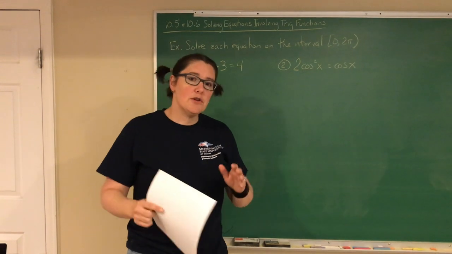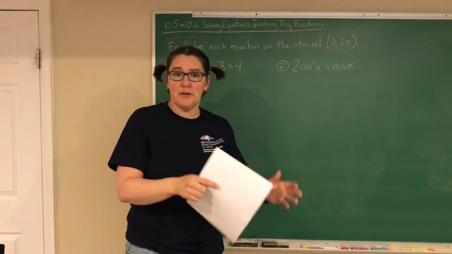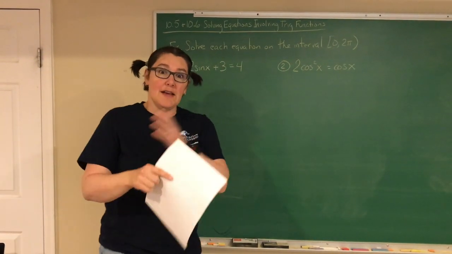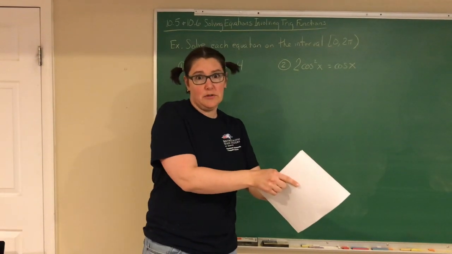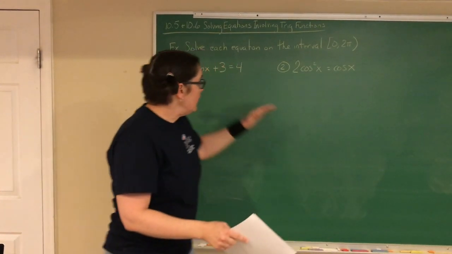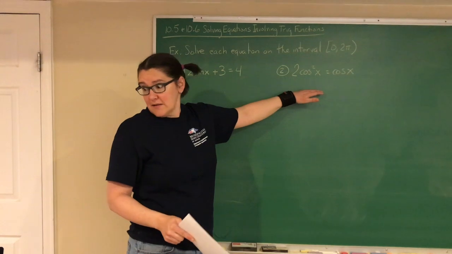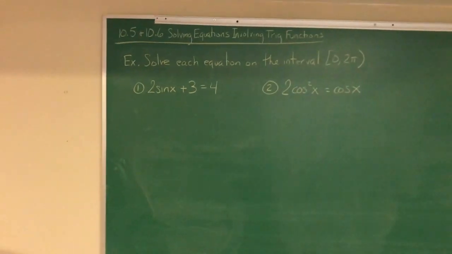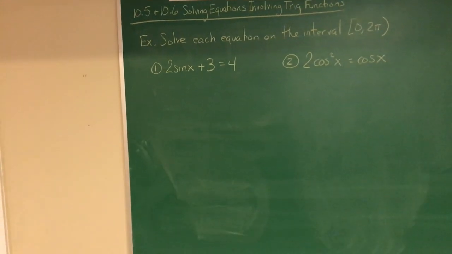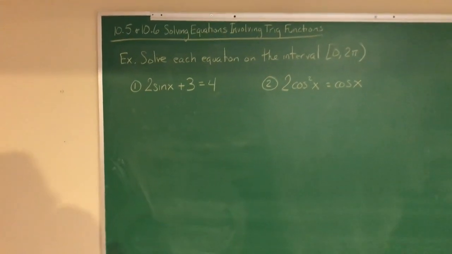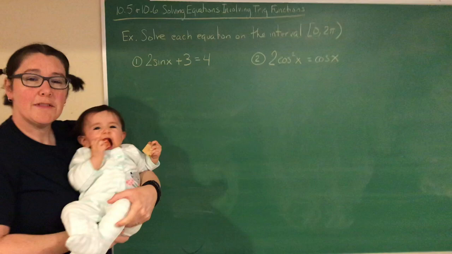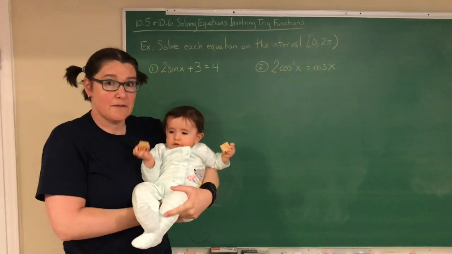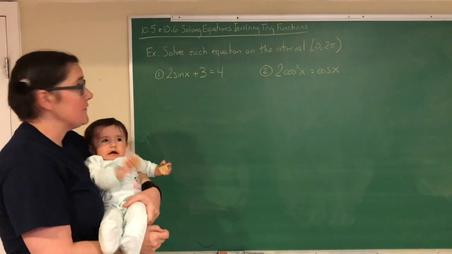So whatever theta or x you plug in makes the left side exactly equal to the right side. These are not identities. So these guys are equations, but they're only true for certain values of x.